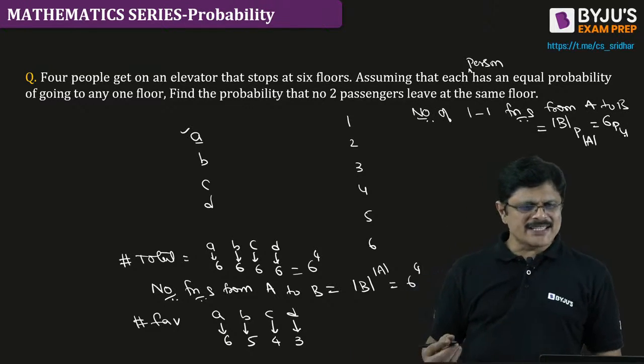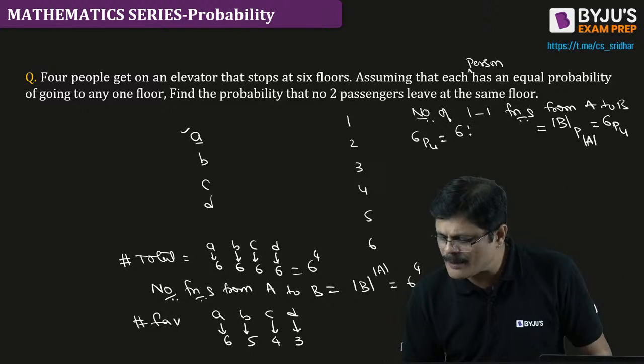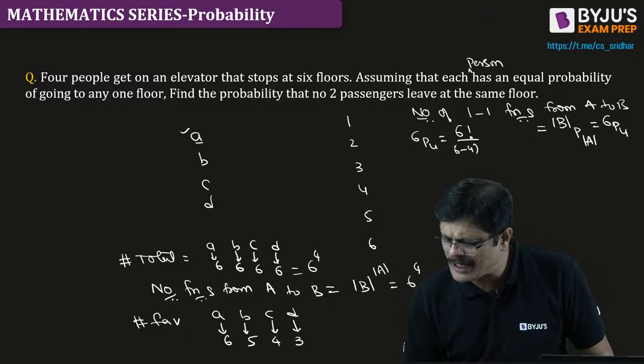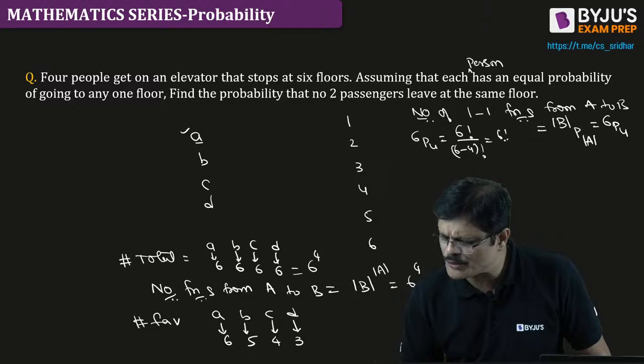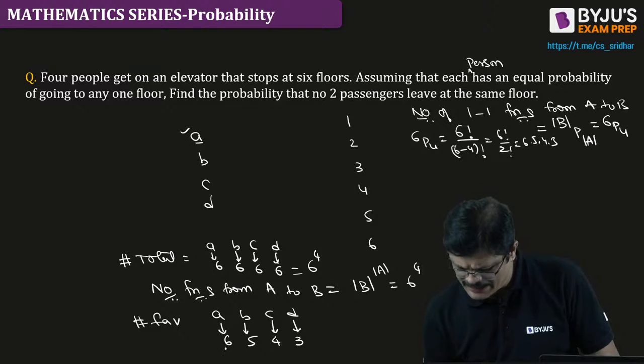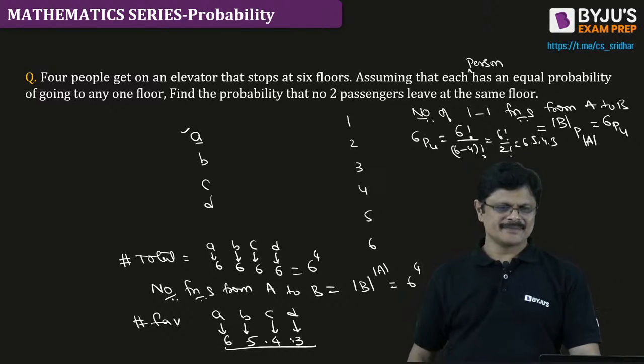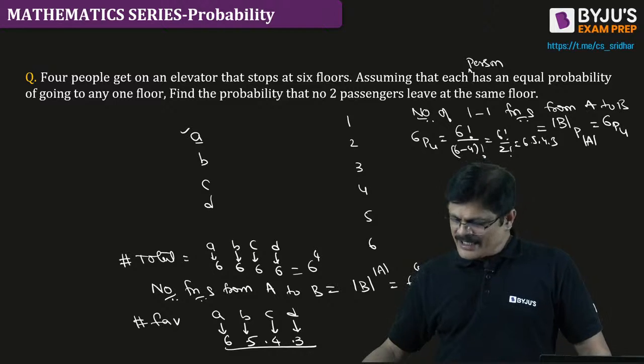You all know what 6P4 is: 6 factorial by (6 minus 4) factorial, that is 6 factorial by 2 factorial, that is 6 into 5 into 4 into 3, exactly this one.